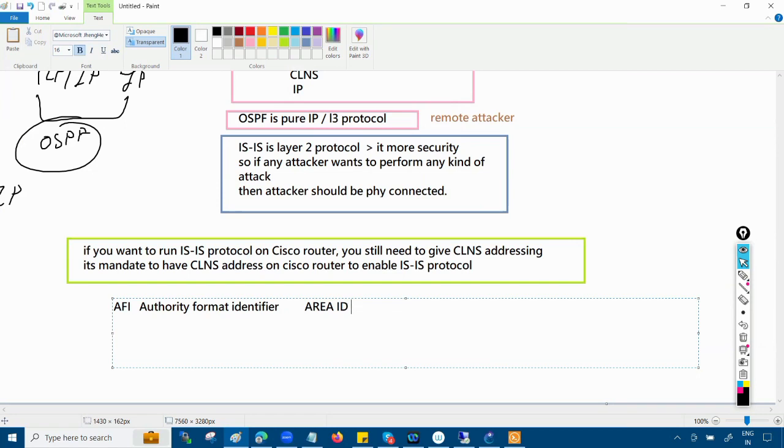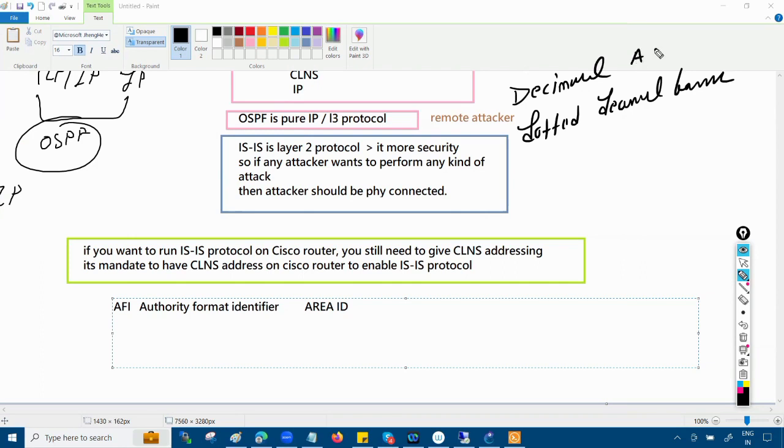The only difference is that in OSPF, you normally give the area ID in decimal format, and you can also give it in dotted decimal format, like area 0 and area 0.0.0.0.